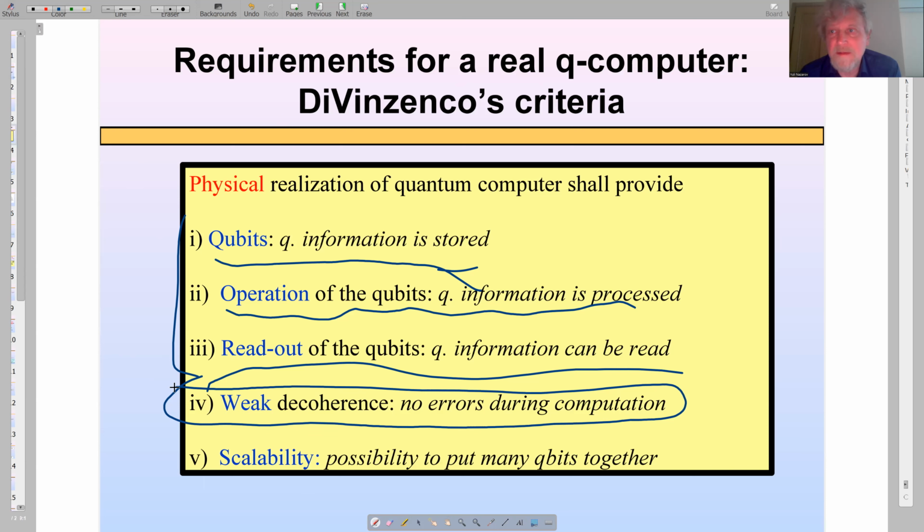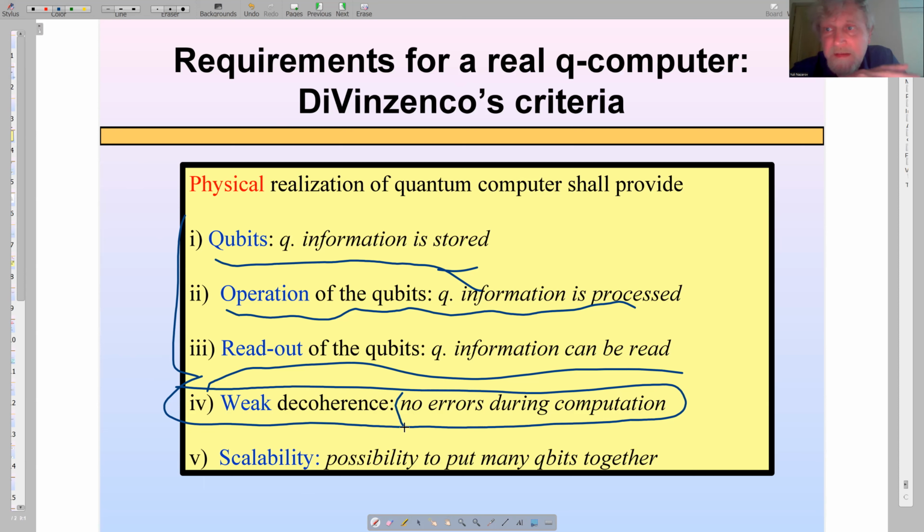One has to reduce the interaction between the bits of the computer and the rest of the world to really be sure that the quantum computer processes information without errors. Right, one doesn't have to keep this up all the time.